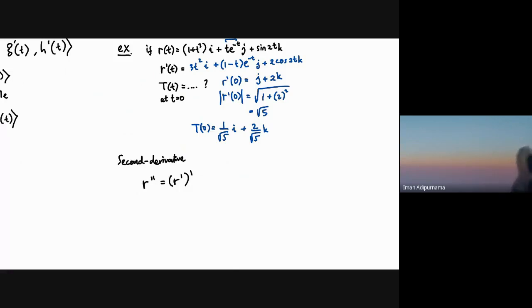Okay, let me move to another section. Some notes for derivatives, so some differentiation rules.